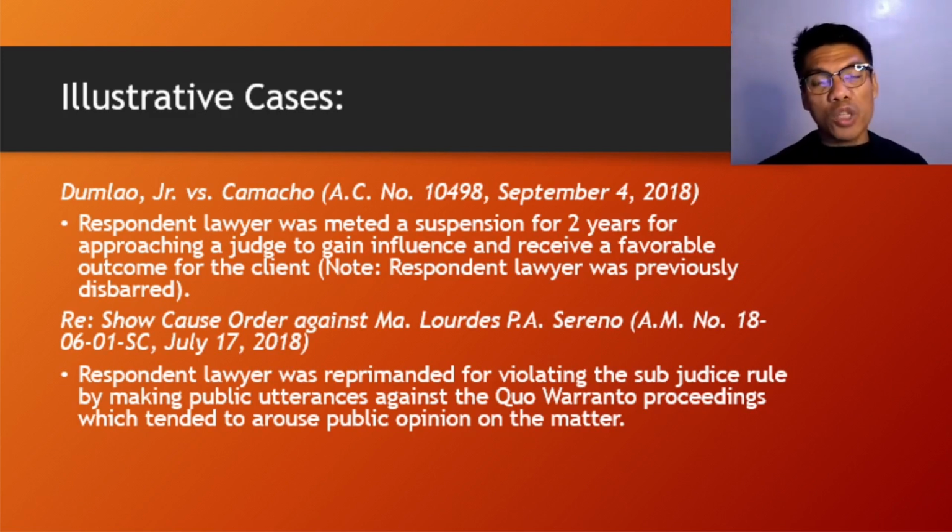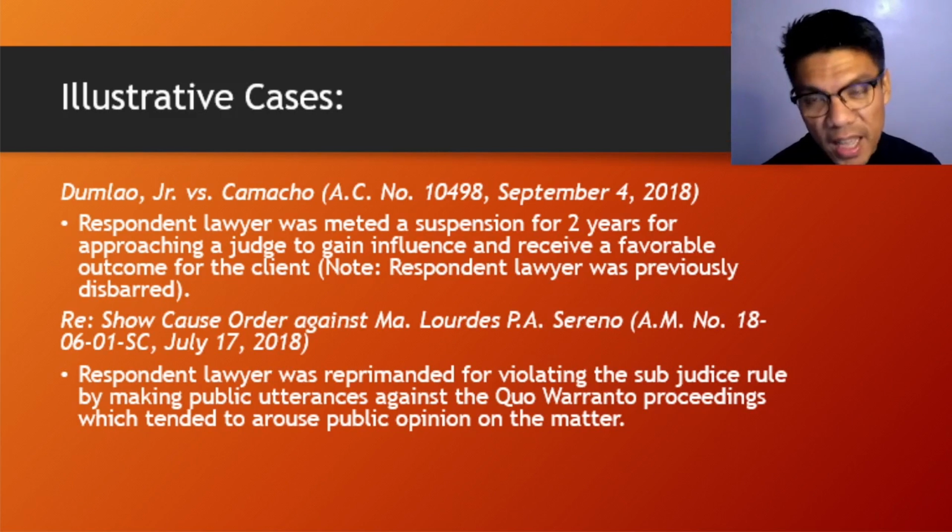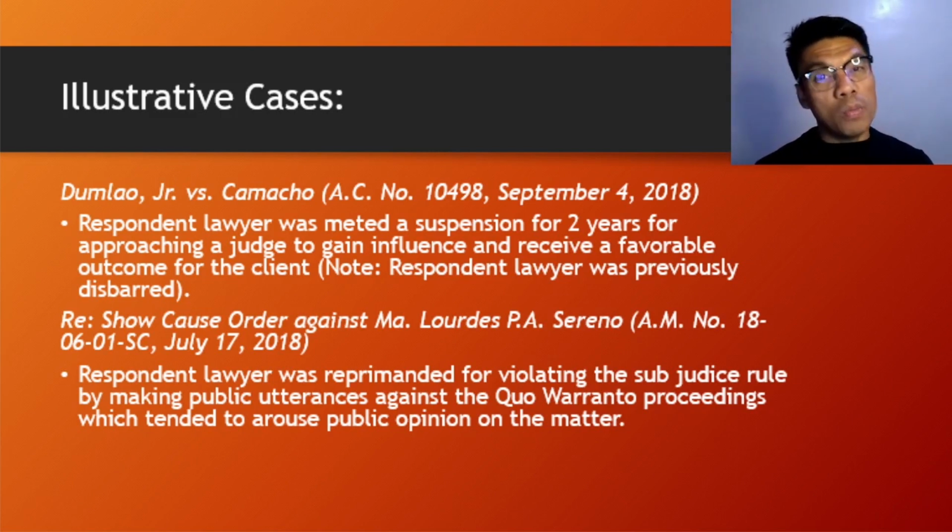But here, she was only reprimanded because, according to the Supreme Court, she had already been removed through a quo warranto proceeding, and so to suspend her from the practice of law would be too harsh, because that would mean she cannot go back to the practice of law. When in fact she might need that after, of course, losing her seat or losing her robe as a justice of the Supreme Court.